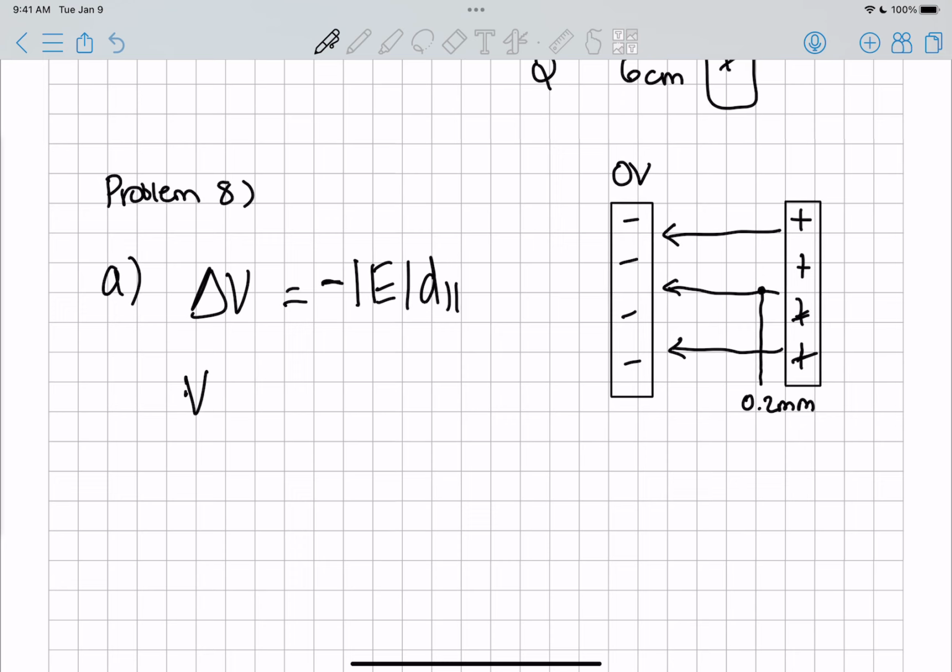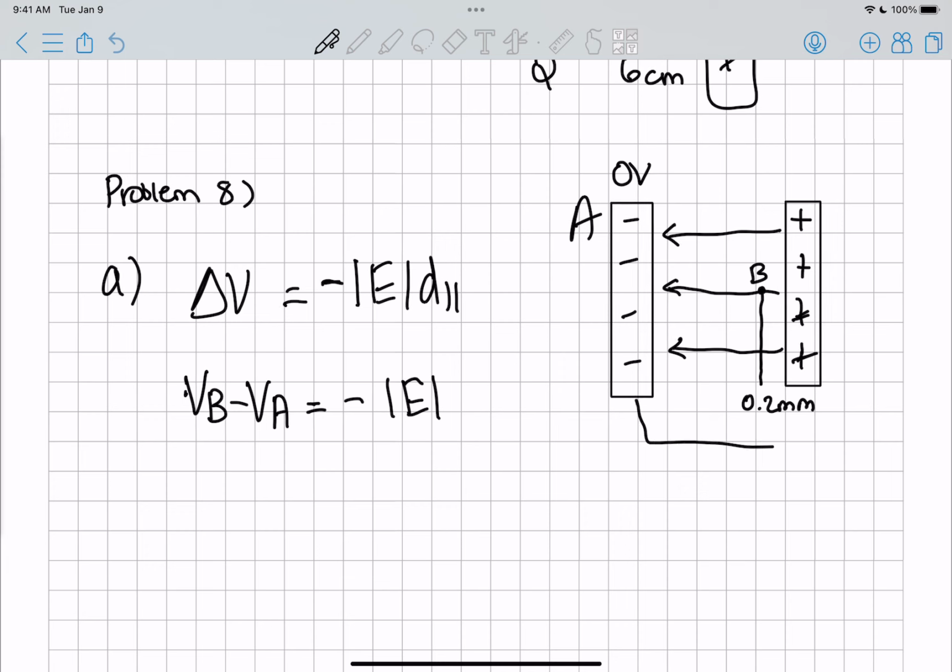So we can say VB minus VA, we call this point A right here, is equal to negative times the absolute value of the electric field between them, which they gave us, and then the parallel distance away from B to A. What is the parallel distance away from B to A? How can we figure that out?